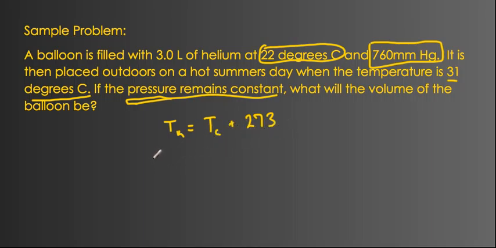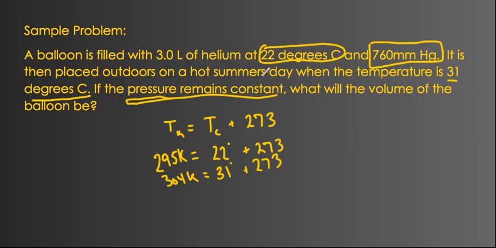So I need to convert both those units. Okay, so that first one, I have 22 degrees Celsius plus 273. Okay, so that's 295 kelvins. And the second one is 31 plus 273. Okay, so that's 304 kelvins.